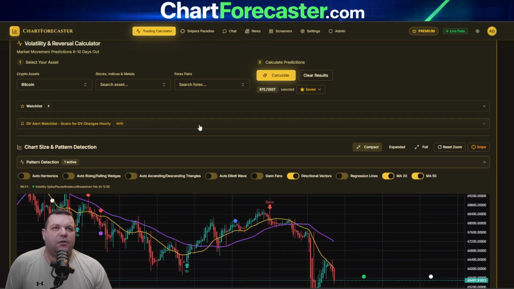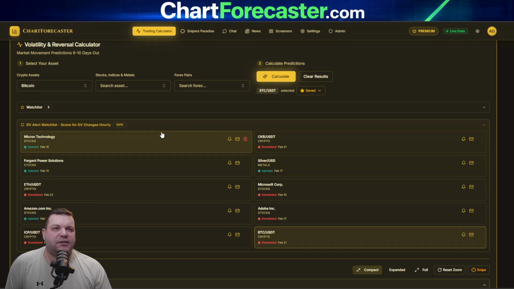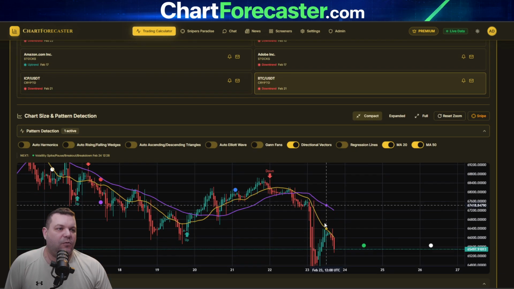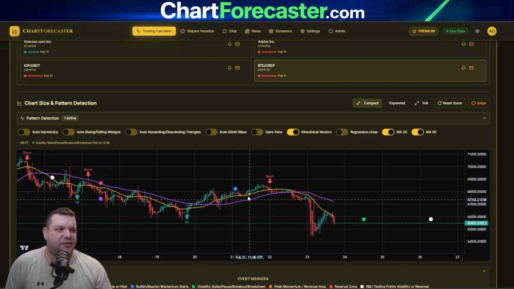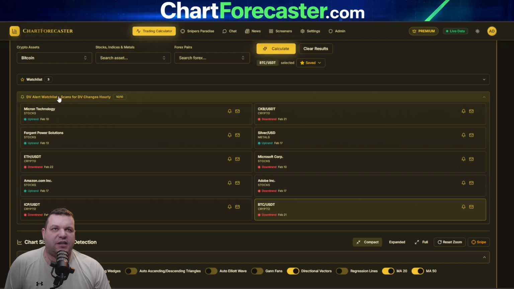And so what's nice about this is users can then take their favorite stocks or crypto or whatever they want to closely track. And this is a directional vector alert watch list. So when a directional vector prints, like right here, the software will scan hourly for these directional vectors, and it will email an alert. So that is pretty cool.